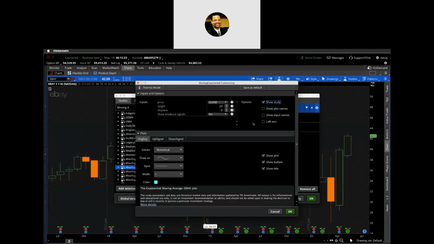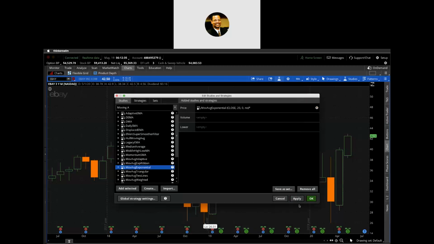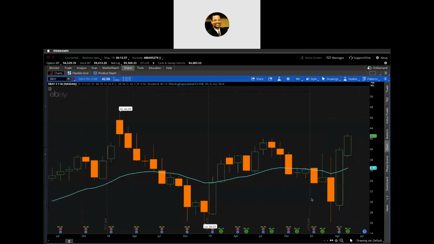In this case, it's months. So I'm adding length 20. I'll leave that color for the line for now, but let me make it a little thicker. And I'll say okay. Now I have my 20-month exponential moving average.